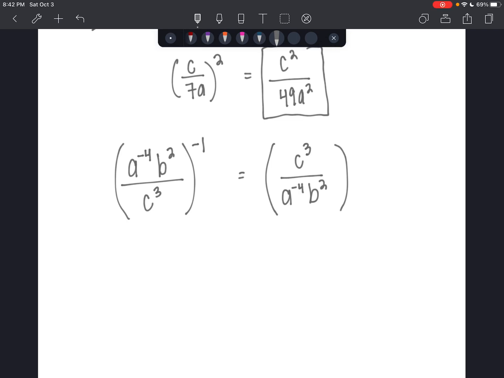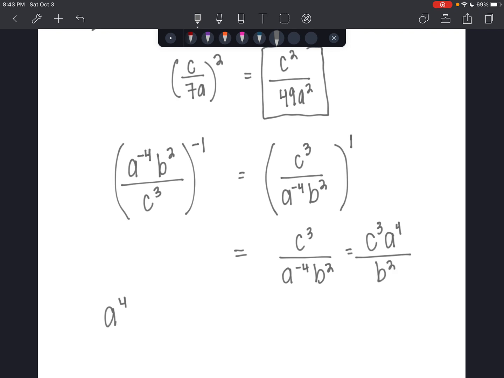We do not change any signs. We're just taking the reciprocal, and that reciprocal allowed us to put a positive 1 on the outside of the parentheses. Now I'm going to have c cubed over a to the negative 4 b squared. I'm going to make my exponents positive by bringing that a to the fourth up to the numerator over b squared.